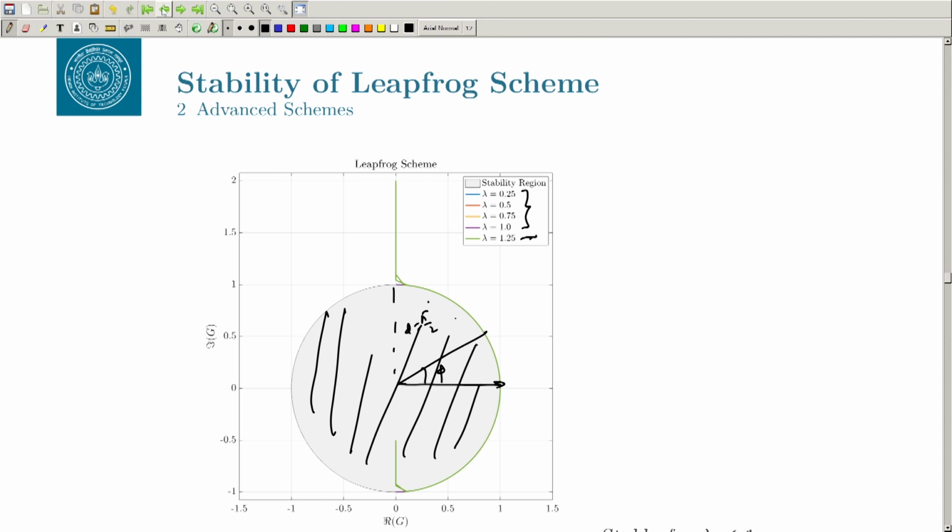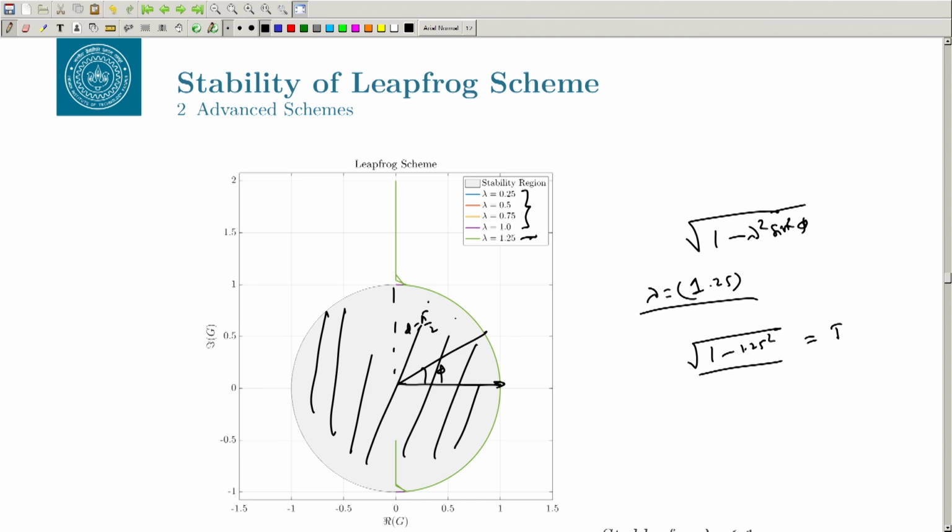So let us work that out: square root of 1 minus lambda square sin square phi, and lambda is equal to 1.25. Your first term will become 1 minus 1.25 square, and this is an imaginary number.